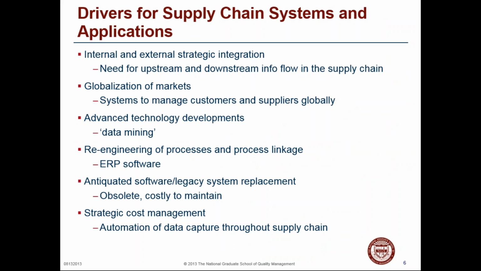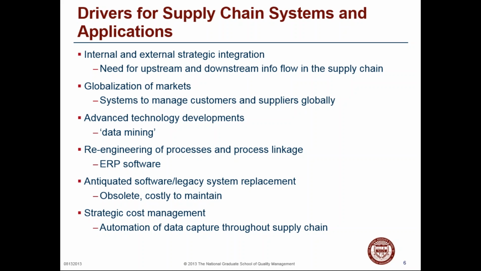And so, drivers for supply chain systems and applications. Hanfield talks about that on page 87 in the textbook, right? It pretty much says to be successful in a virtual electronic-based economy and e-business, industries are recognizing the need for new information systems. And there's several drivers behind that.